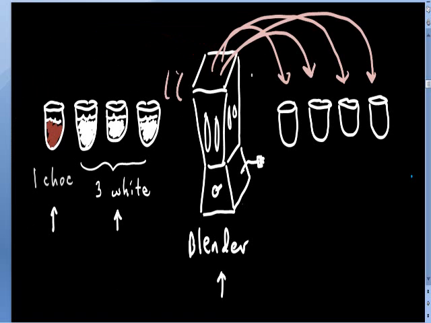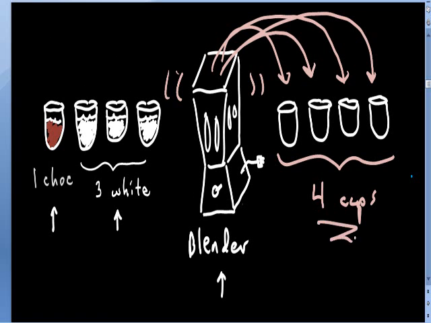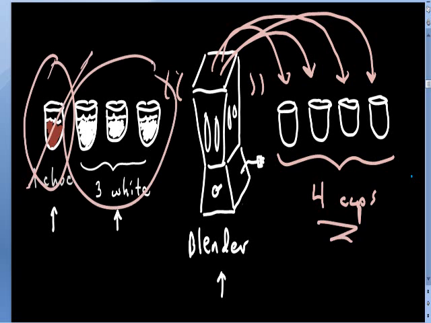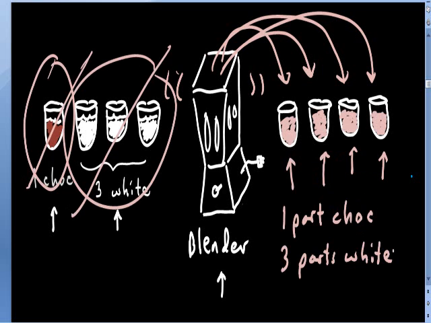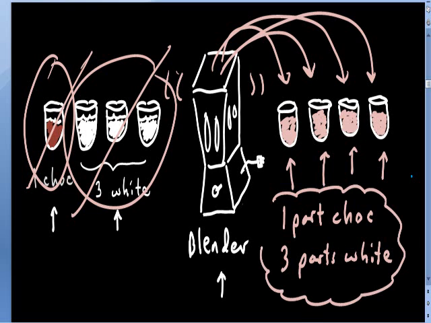We run the blender for a moment, stop the blender, and now scoop out of the blender 4 cups of milk. When we scoop out the cups, we will no longer have a single cup of chocolate and 3 cups of white milk, but rather we'll have 4 cups that are an equivalent mixture, where each cup will now contain an equivalent mixture of 1 part chocolate milk, 3 parts white milk.